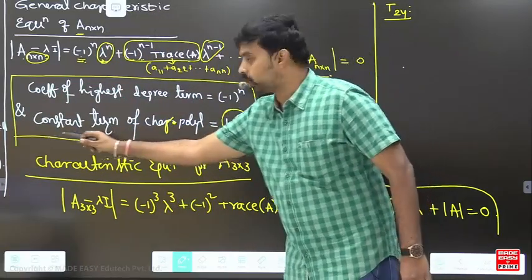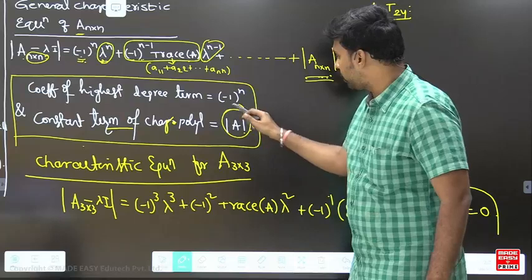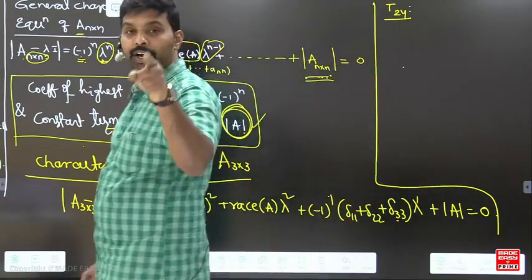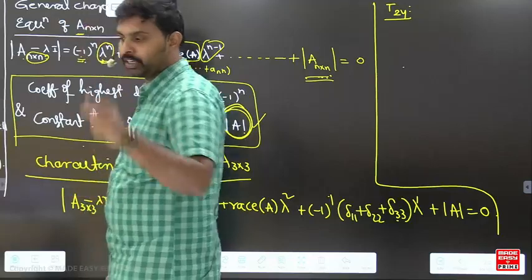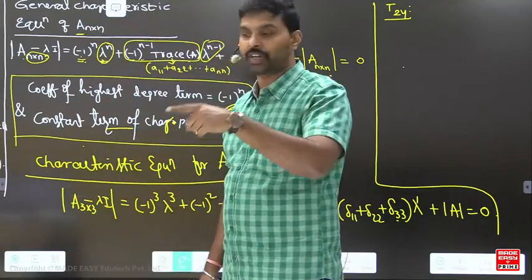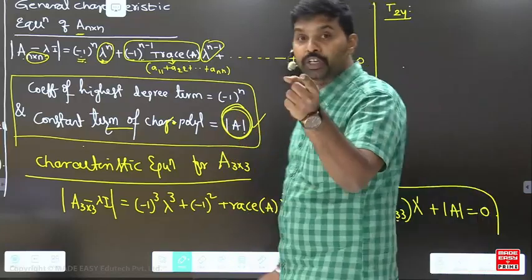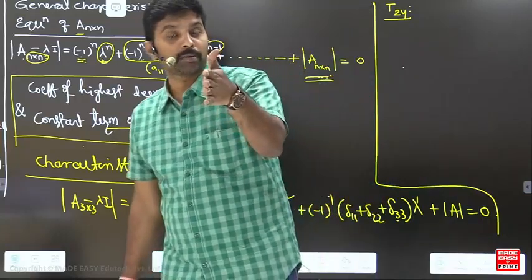See here, the constant term of the characteristic polynomial is given by what? The determinant. So that means you need to find the determinant of that 4 by 4 matrix. Can anybody say the answer for T24? Without using your pen on the paper, you can give the answer, my dear.